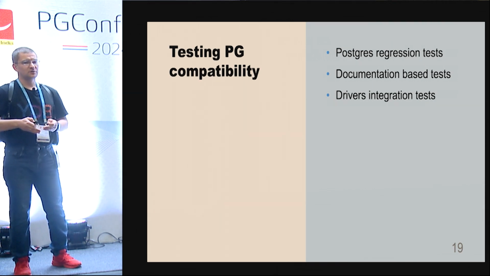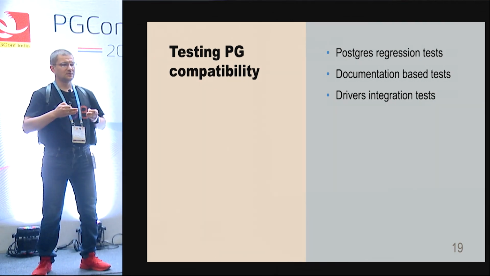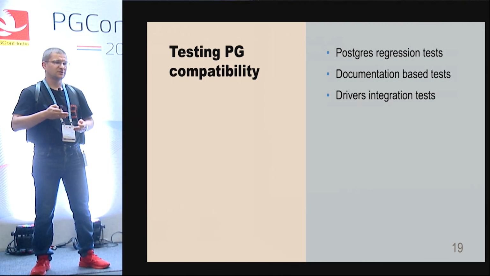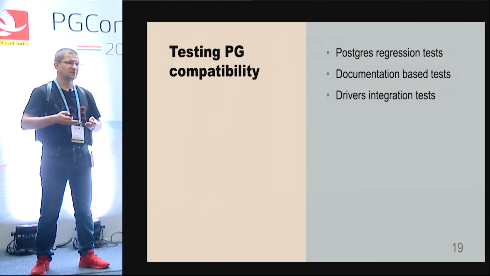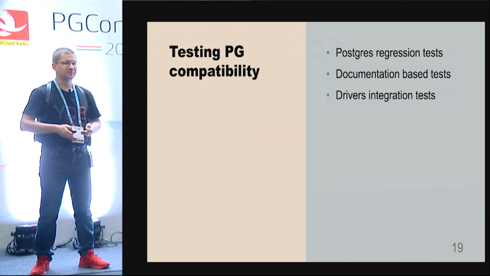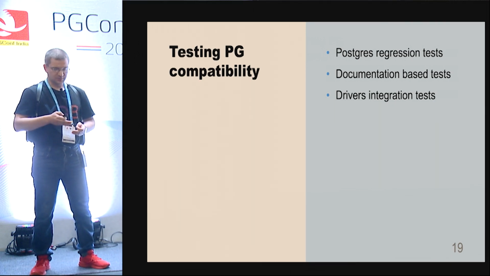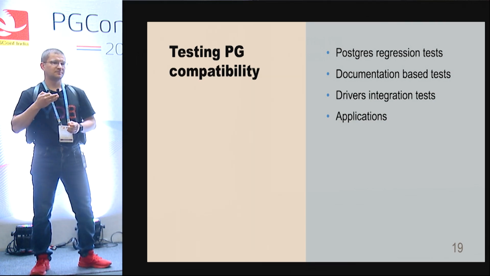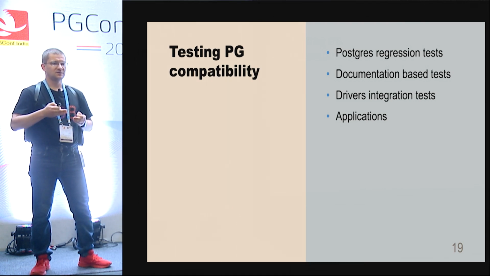But all of these tests are synthetic. They can show some percent of compatibility coverage, but we can't know whether it is possible to run a real application at this level of compatibility. So as a next step, we take real applications for Postgres, run them, and look at the queries.